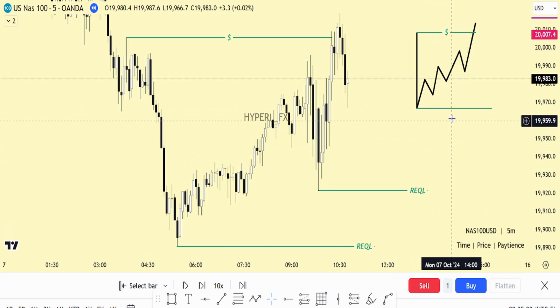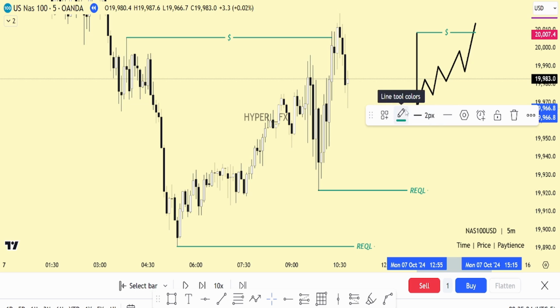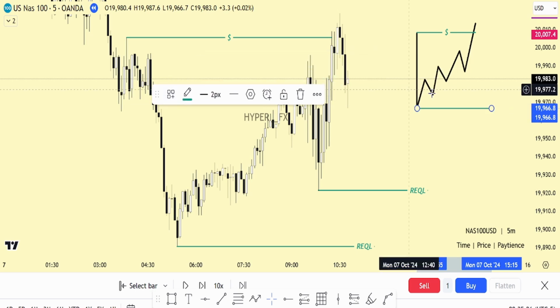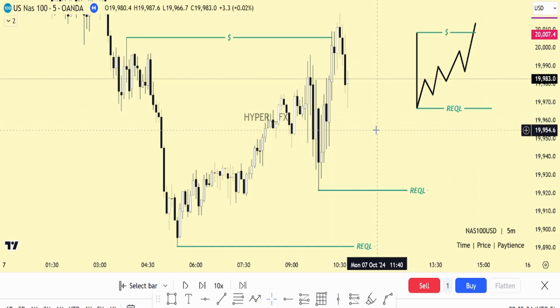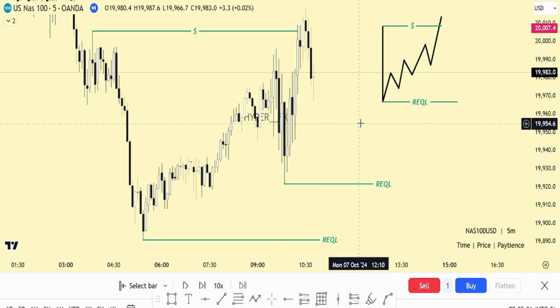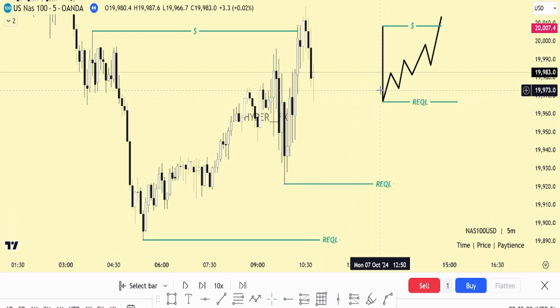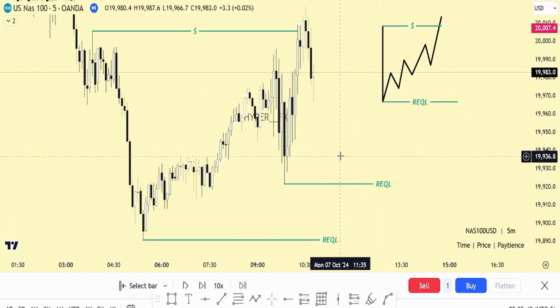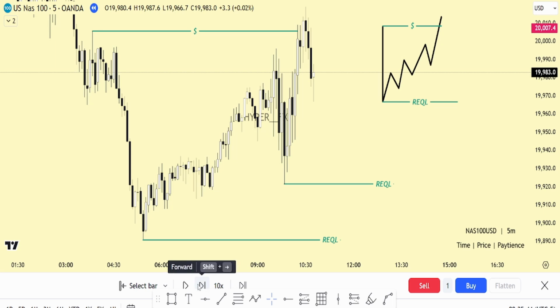Okay, it is a relative equal low. So we are expecting price to take out this low because it is weak, and without coverage it is inviting price to take it out.